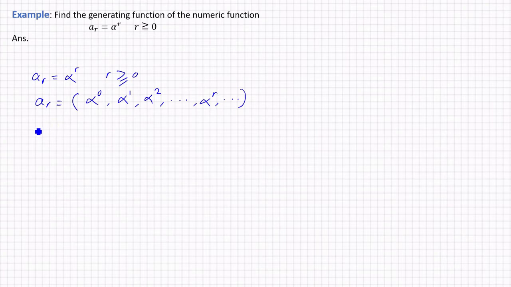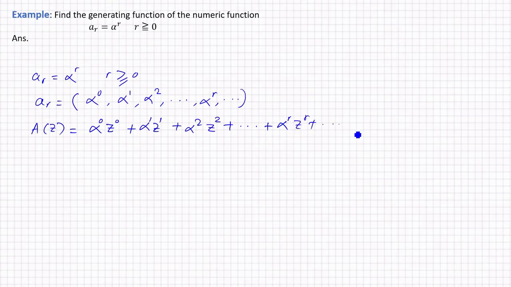Okay, now let us write down the corresponding generating function of this numeric function. So here we get alpha to the power 0 z to the power 0 plus alpha to the power 1 z to the power 1, alpha square z square, alpha to the power r z to the power r and so on.